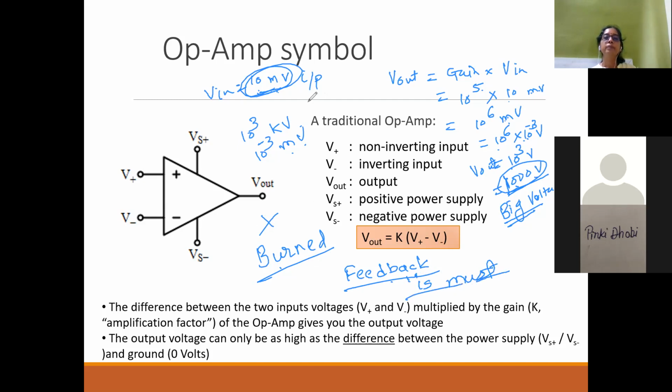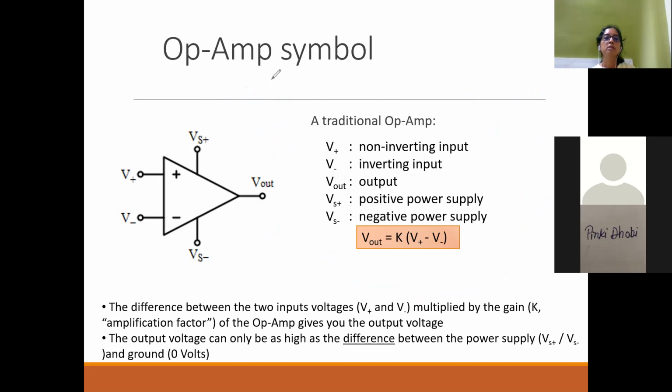So now your gain is reduced. Suppose you took the R2 value as 100 kilo ohm, and the R1 value you have taken is 1 kilo ohm.